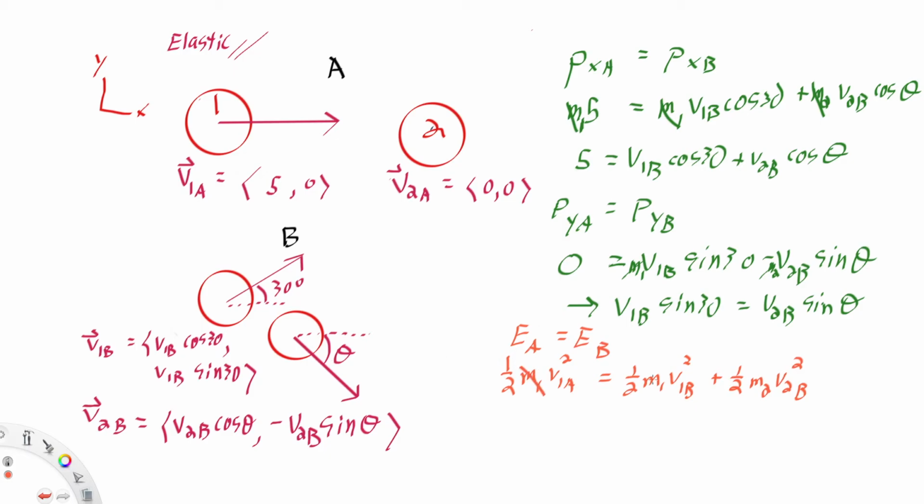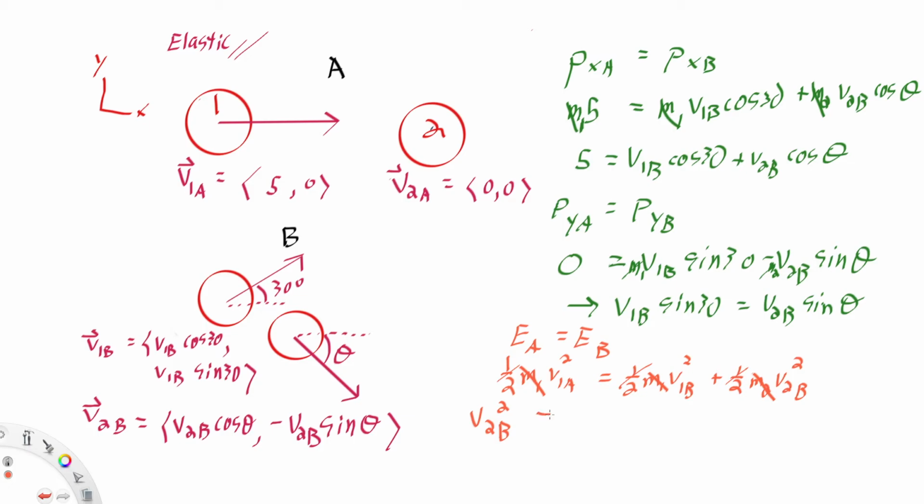So once again, all the masses cancel out. And this is actually kind of fortunate. We only have 2 unknowns in this equation. We just have v1b and v2b. So we can have something like v2b squared. Oh, all the halves can cancel out as well.